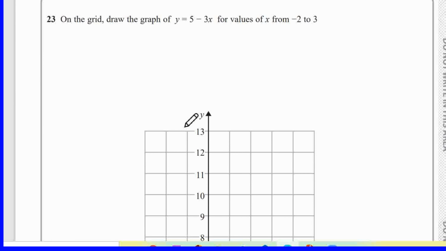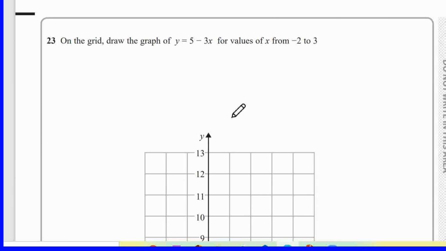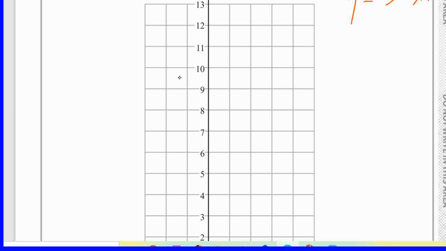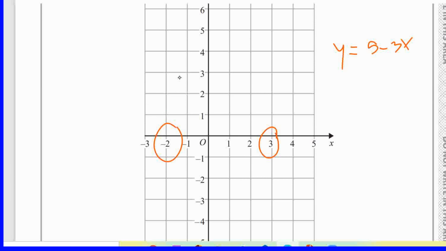Next, number 23. On the grid, draw the graph y equals 5 minus 3x, for values of x from -2 to 3. How to draw this?